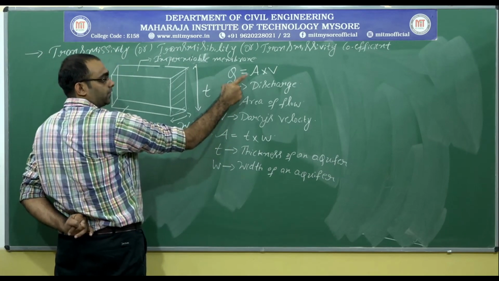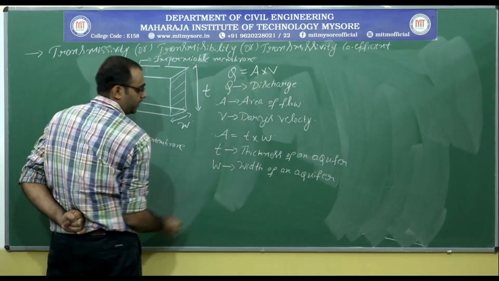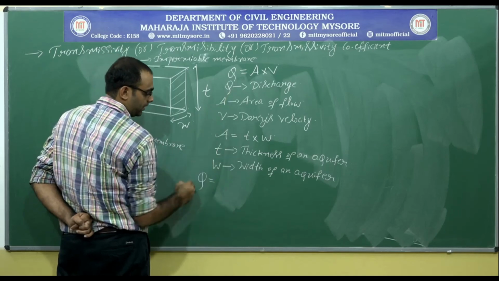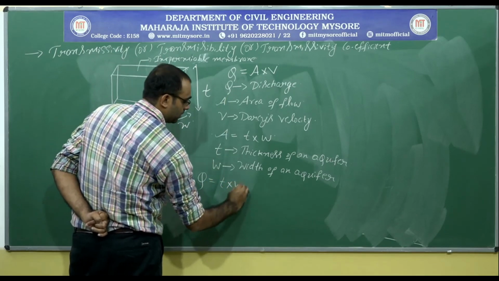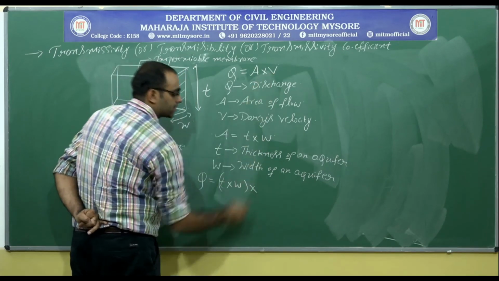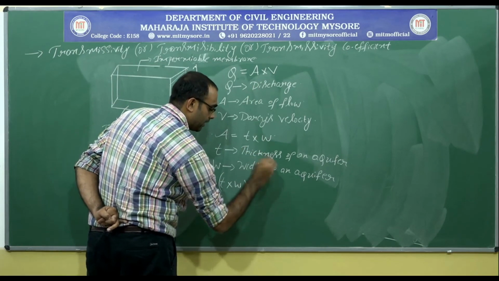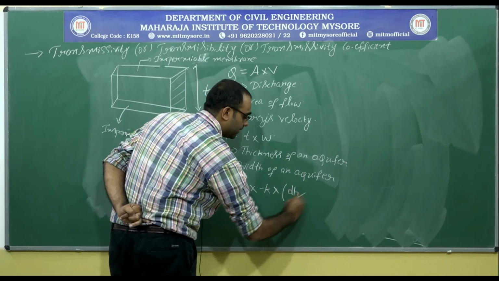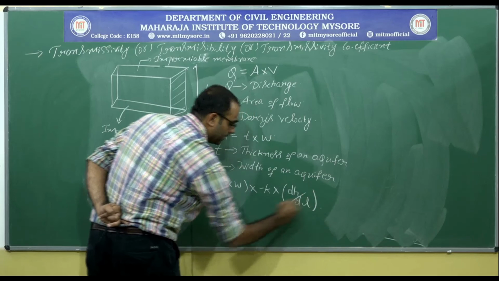The equation for the discharge is Q is equal to A into V. Okay. Q equals, what I will be doing is I will substitute for A, that is T into W. As you all know, V is nothing but Darcy's velocity. We have an equation for that, minus K into dH by dL.